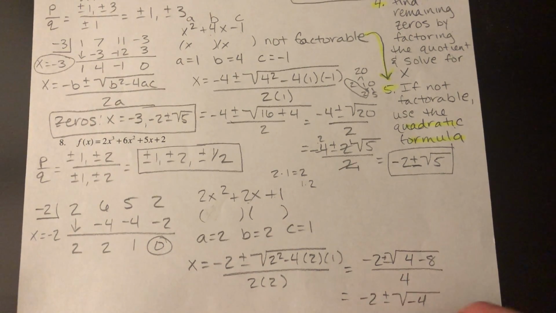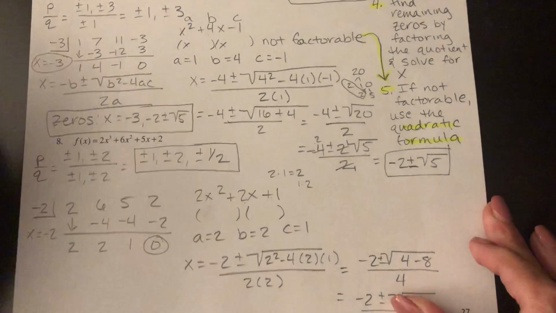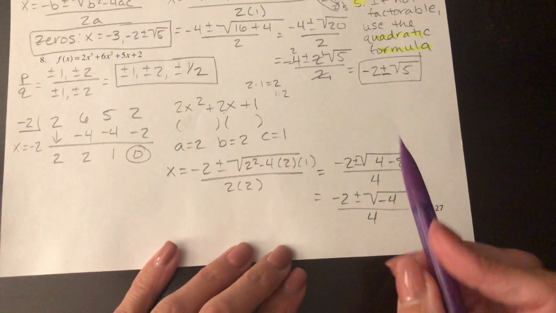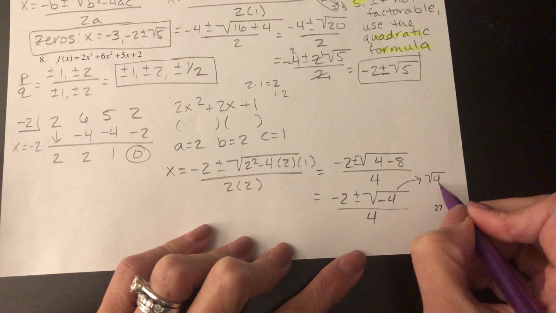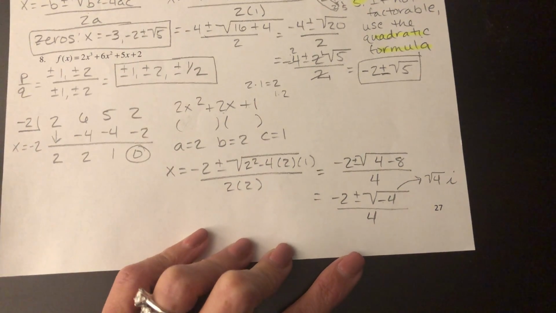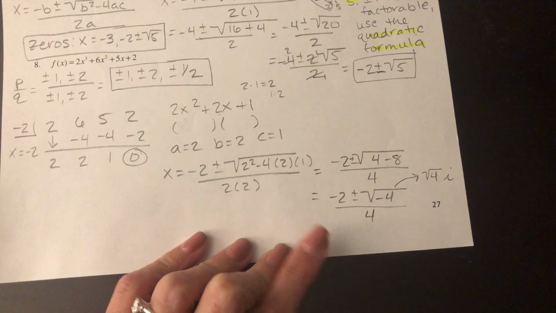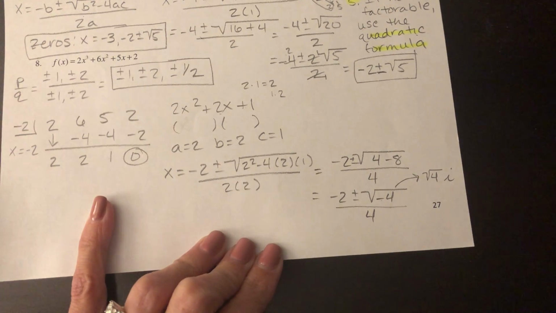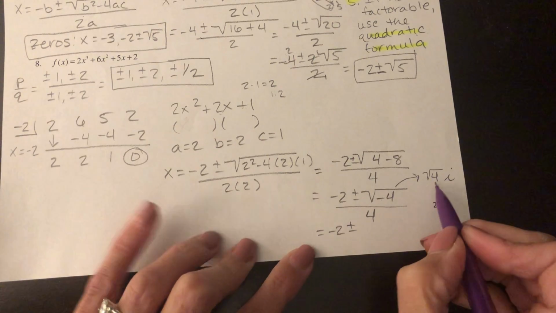Uh-oh. What happens when you get a negative square root? Negative square root, take it and you make it imaginary. So we're going to replace the square root of -4 with the square root of 4i. And what is the square root of 4?